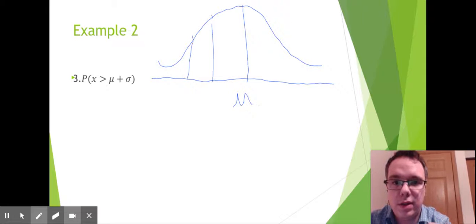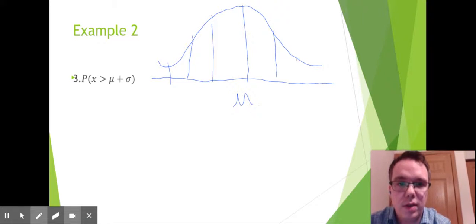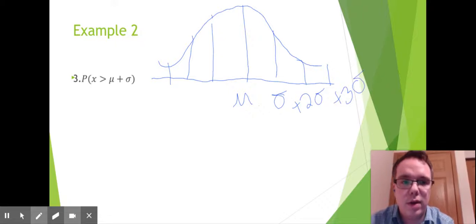There's one standard deviation, two. Here's 1, 2, and 3. So this is plus 1, this is plus 2, this is plus 3. So we want to know what's the probability that we are bigger than one standard deviation above the mean.